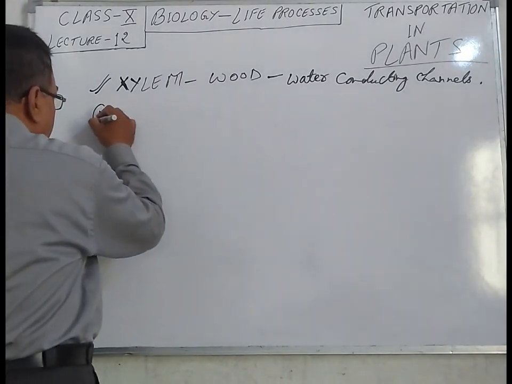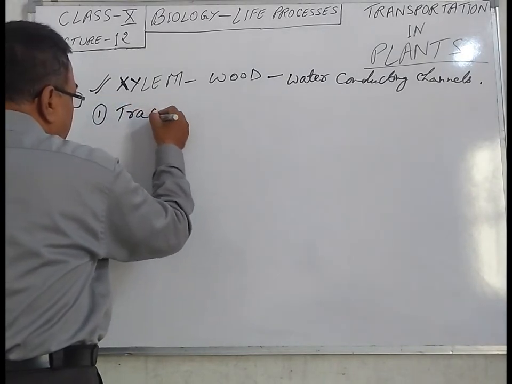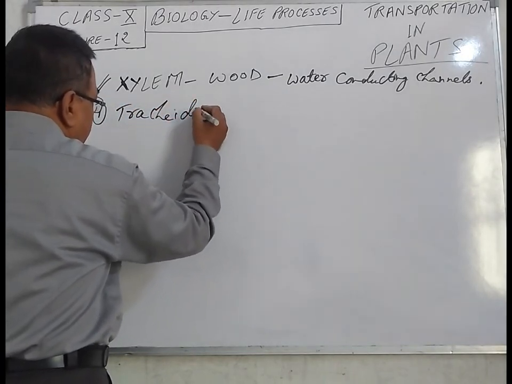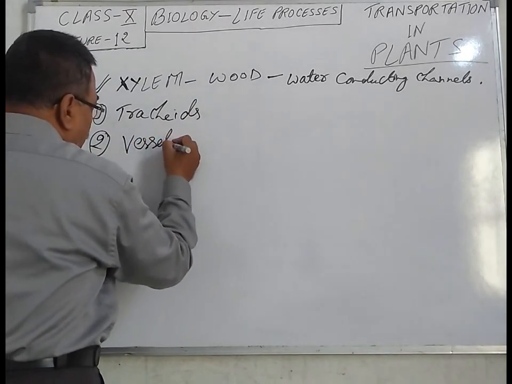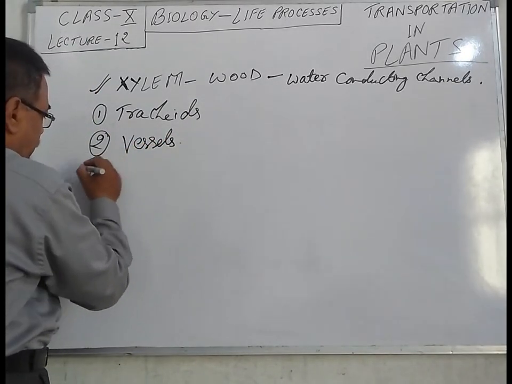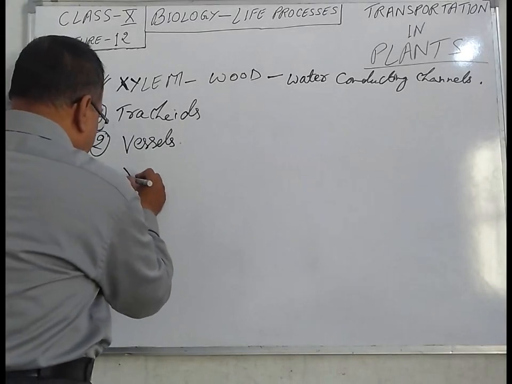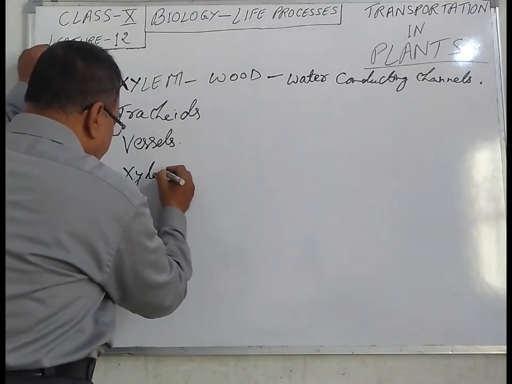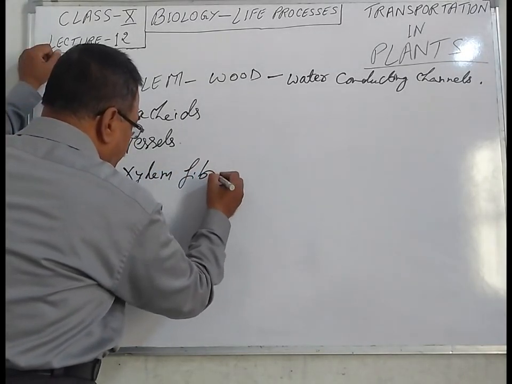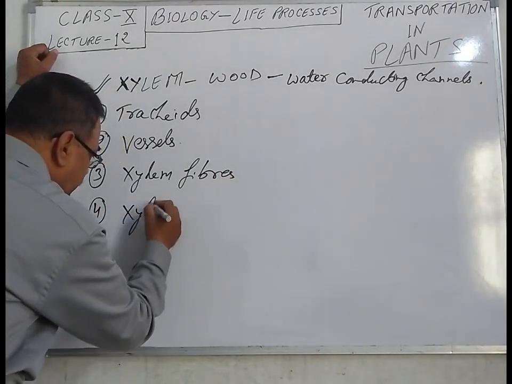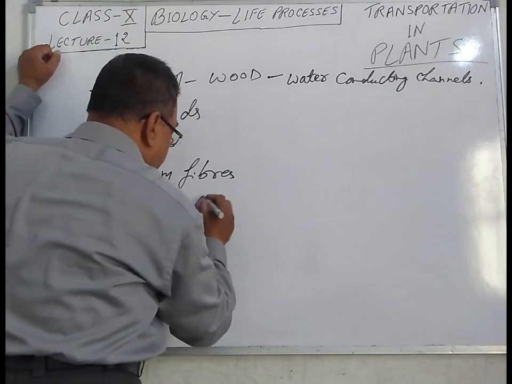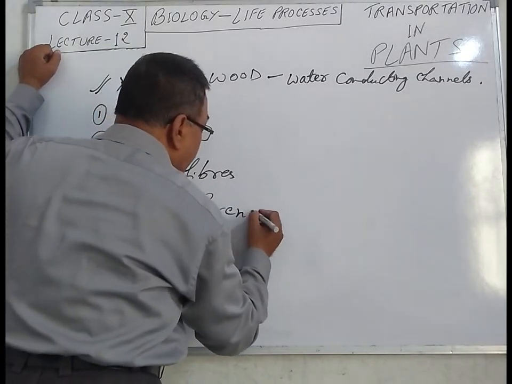First is tracheids, second vessels, third one xylem fibers, and fourth one is xylem parenchyma.